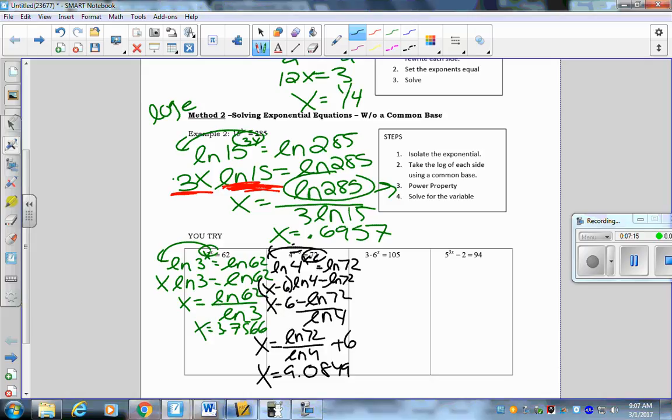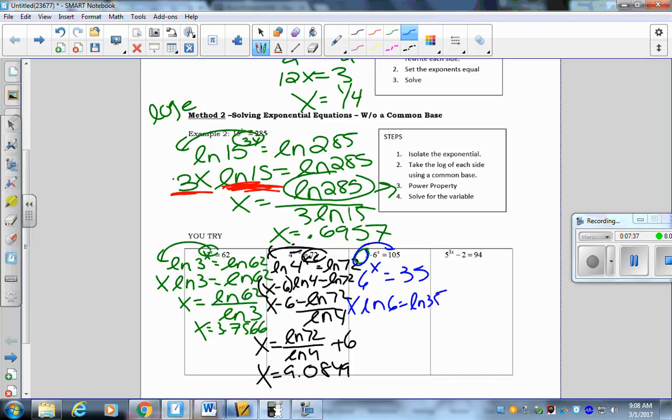All right, so in this third one, this is not problem number 3. That's 3 times 6 to the x. One of my classes didn't realize that. So first things first, I'm dividing both sides by 3. I need to isolate that exponential. So I've got 6 to the x equals 35. So now I have x natural log 6 equals natural log 35.